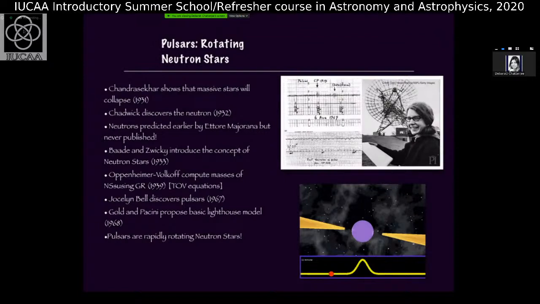And basically, these were very periodic pulses that were observed at radio frequencies. Soon after, Gold and Pacini proposed the basic lighthouse model for these pulsars in 1968, and it established that pulsars are nothing but rapidly rotating neutron stars.